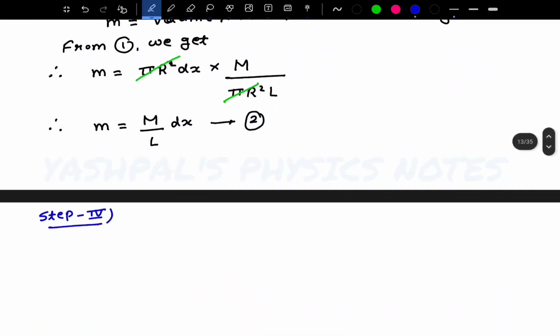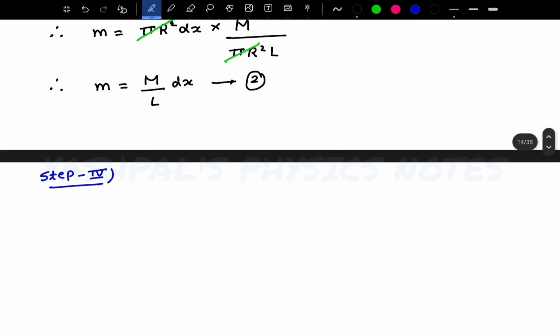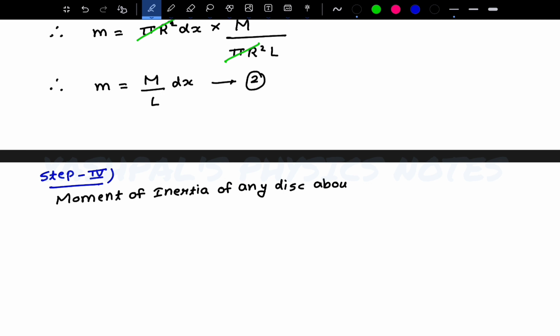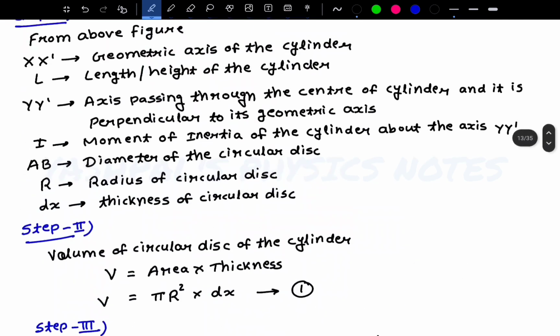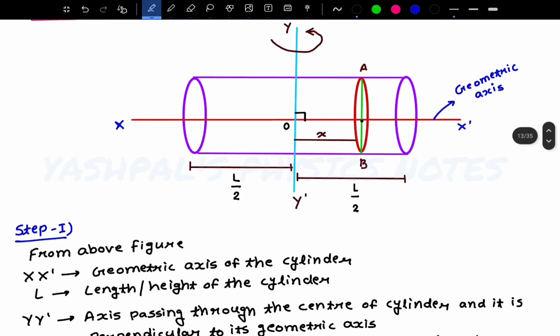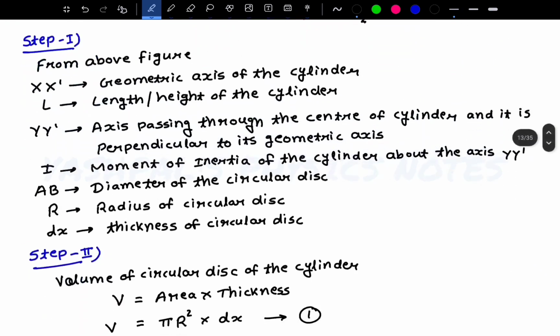So here I am writing moment of inertia of any disc about the diameter, which means we are going to find the moment of inertia of this circular disc, and then if we integrate that, we can get the moment of inertia of the complete solid sphere or solid cylinder.